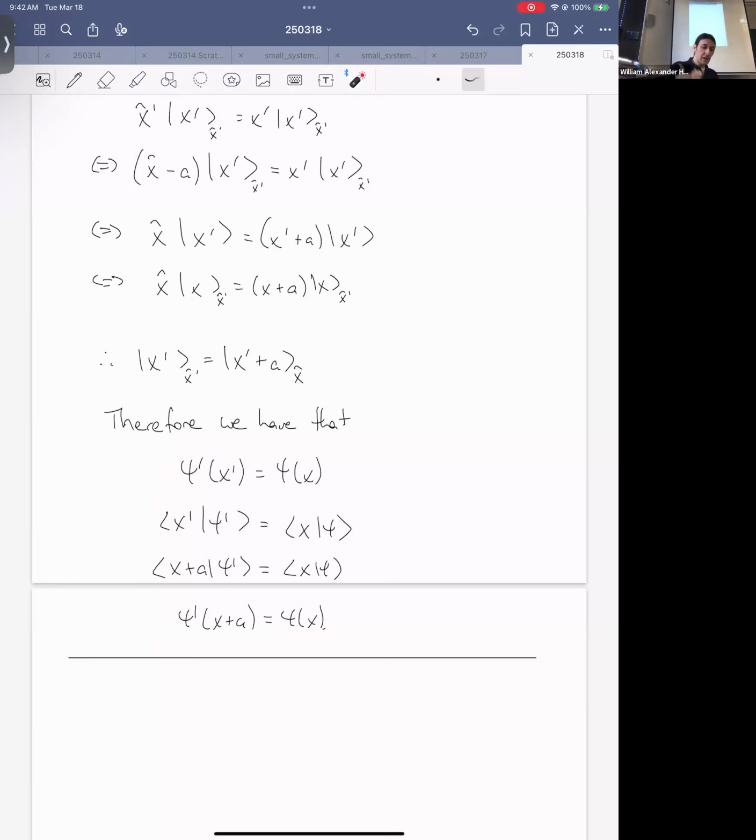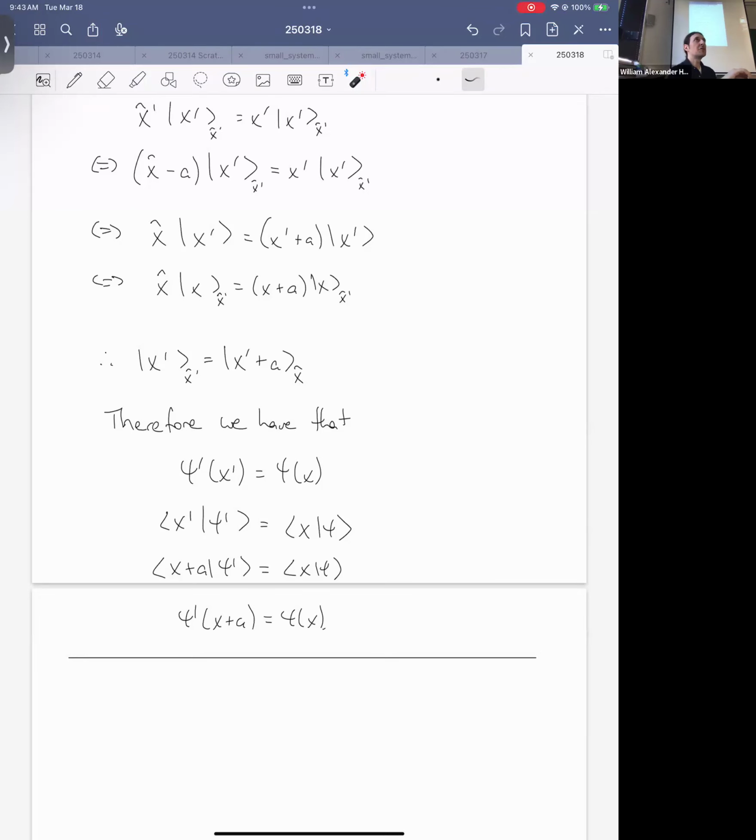Yeah. And the emphasis that I'm trying to make, and I'm sorry, I've managed to confuse myself with primes, is that, and this is a key point, in our active transformation in quantum mechanics, our states are changing, but our basis states are not changing. Why are our basis states not changing? Because our basis states are the eigenkets of the operators. So we're performing the transformation on the states, not the operators.